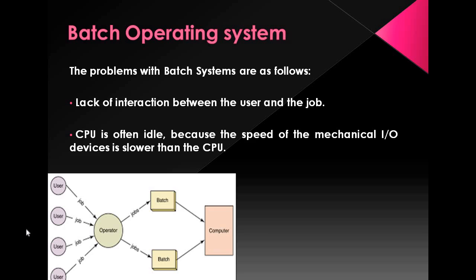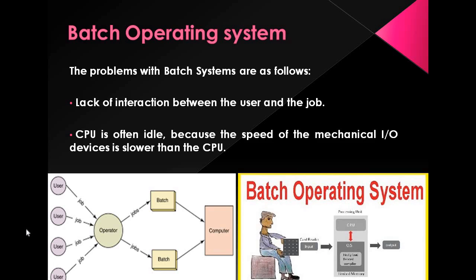The operator will then collect all the printouts and distribute them back to the users. So as you can see in the diagram, there is no interaction between the user and the computer system. The user will give the programs to the operator and the operator will feed the programs to the computer and then will give back the printouts.